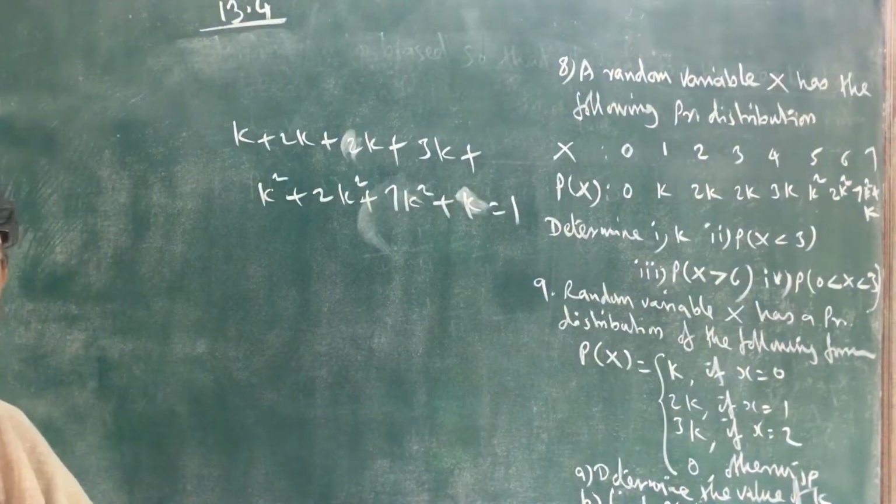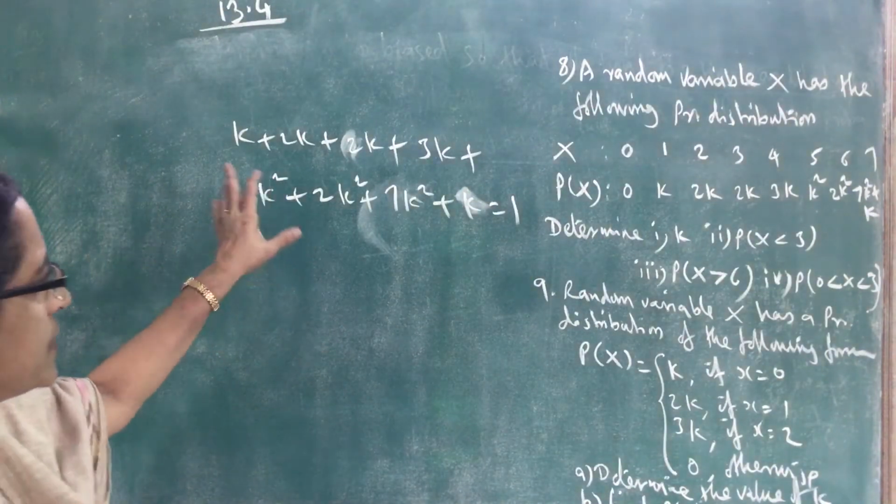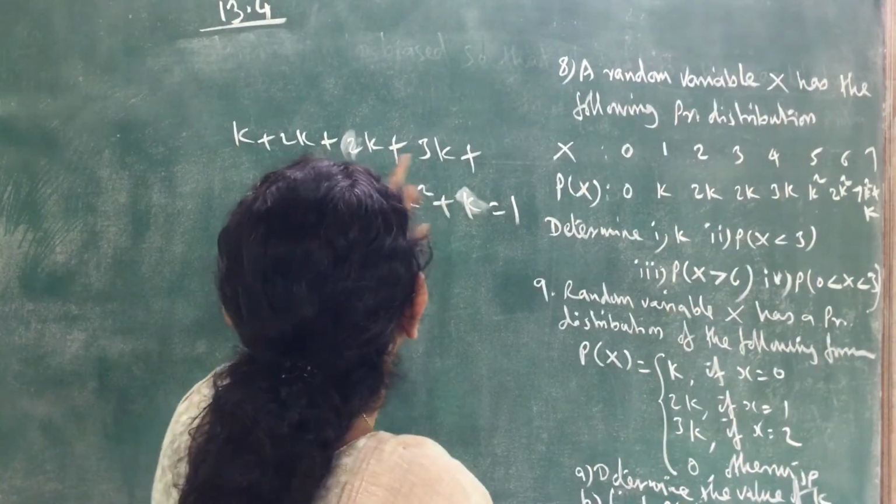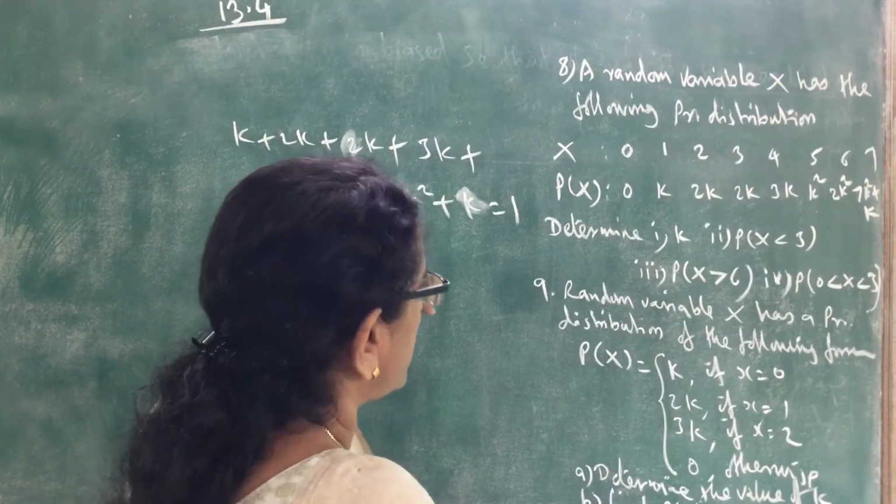So the sum of these probabilities is equal to 1. So we can solve: k, 2k, 3k, k square, 2k square, 7k square plus k.